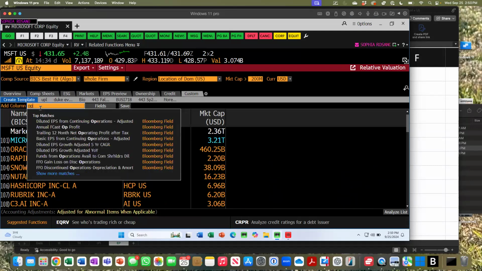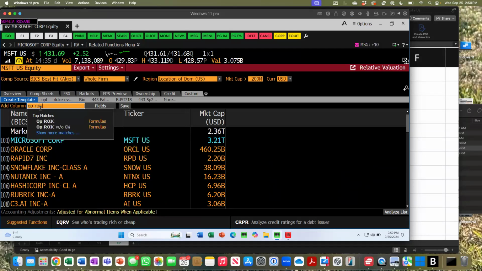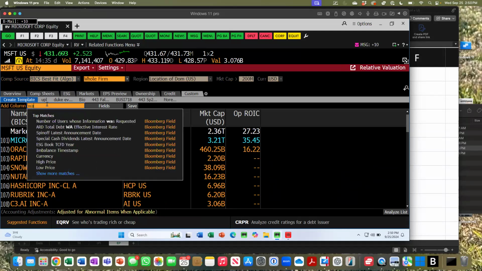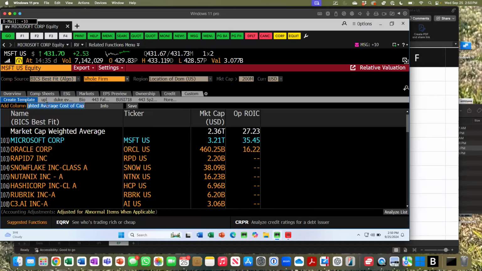Add column, op ROIC, enter, add column, and enter. There it goes.